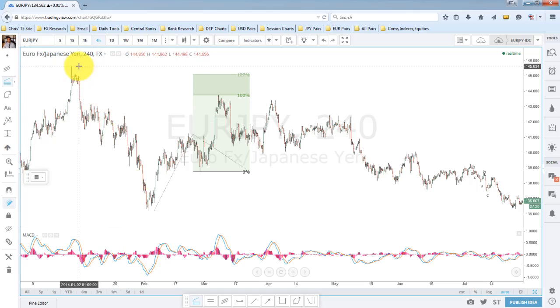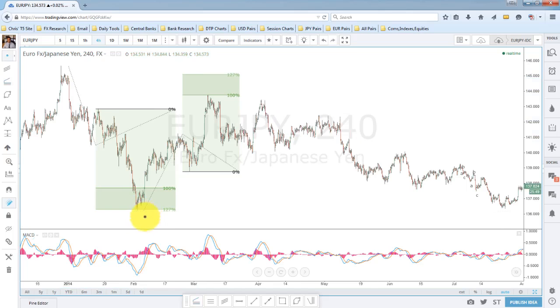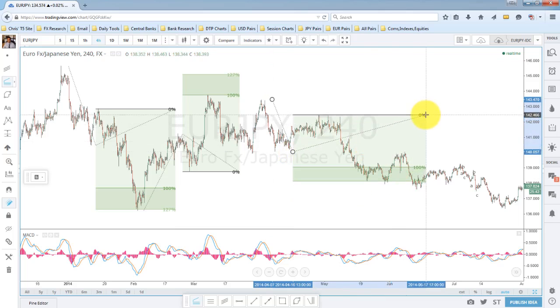There we go, I got my drawing tool. Equal legs 127. This one extended down to the 127. How about again here? Let's measure this down from our high to our low, back up to our correction. Equal legs 127 zone. Found support.